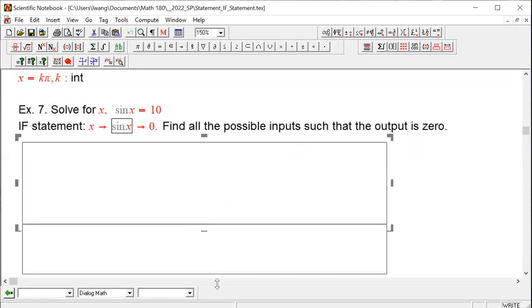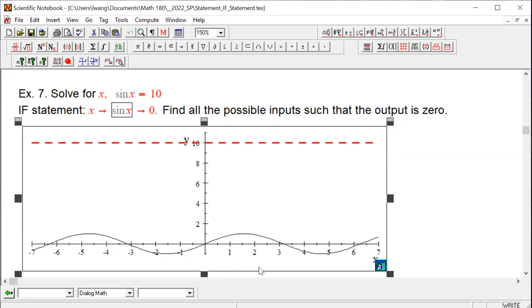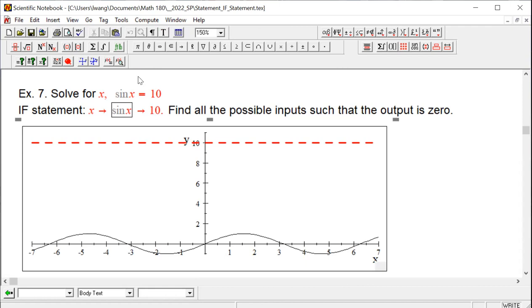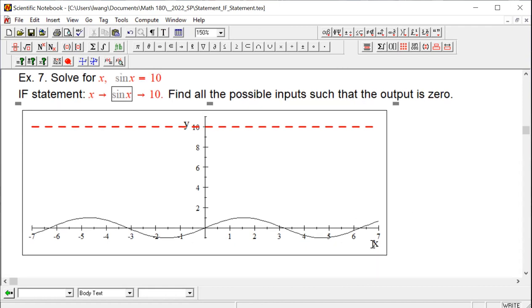Oh my God, what happened? No touch. The horizontal line, no touch to the curve. What does that tell you? No solution. No solution. No touch means no solution.